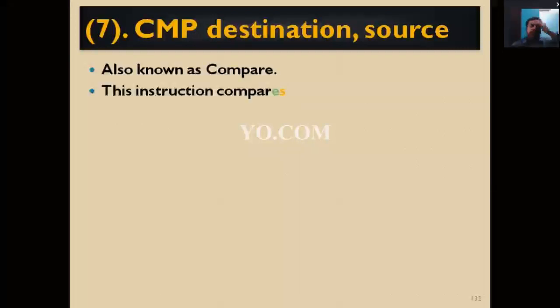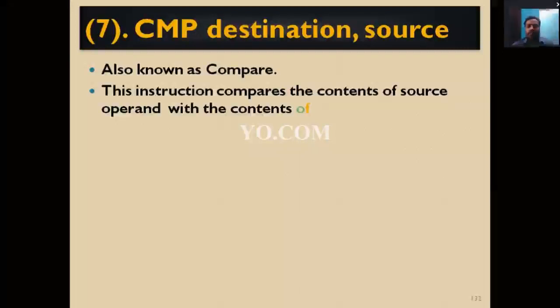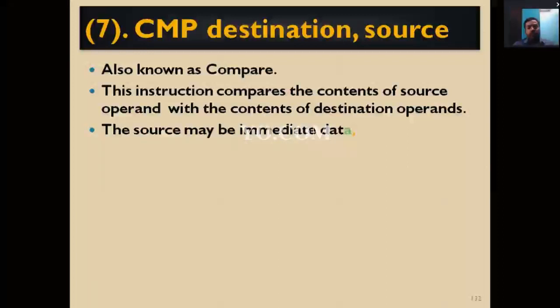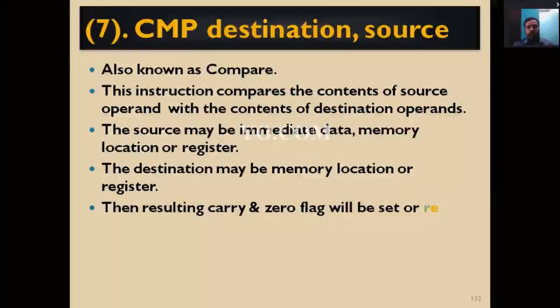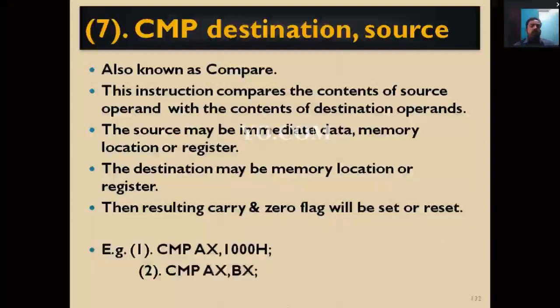Next we are going to see the comparison. CMP destination, source. This instruction compares the data between source and destination and produces the output that will affect the flag register. CMP means compare.